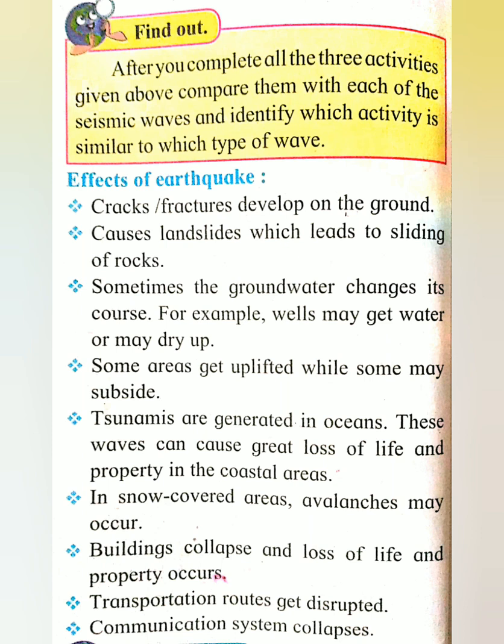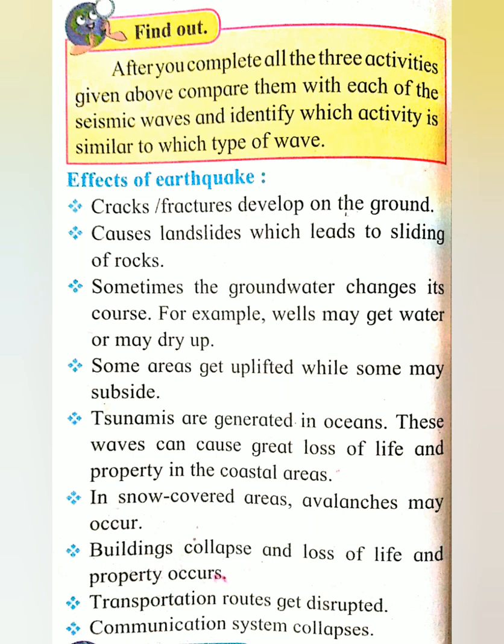The next, some areas get uplifted while some may subside. Some areas come up and other areas go down. Tsunamis are generated in the ocean. Tsunamis are waves which get generated in the ocean.